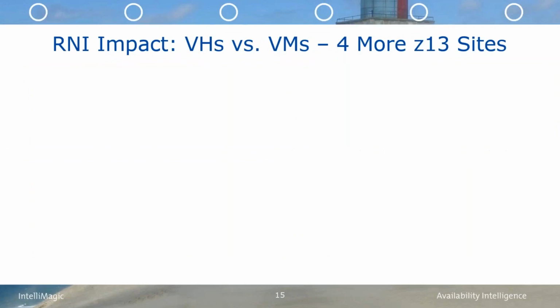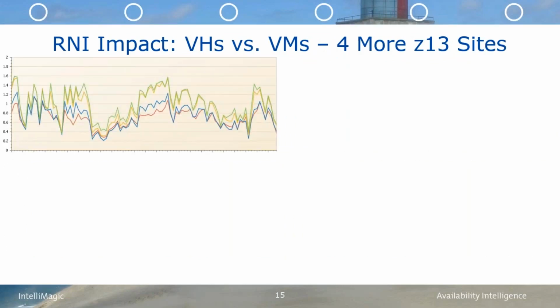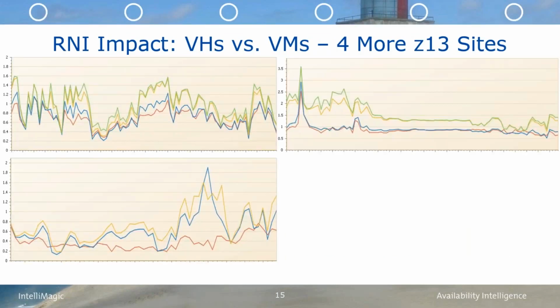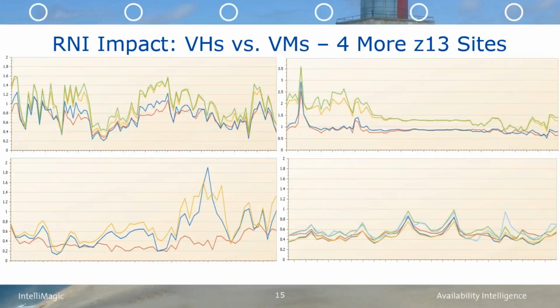And here are examples from 4 more z13 sites, 22%, 38%, 41%, and 22%. So just confirming this is a very widespread experience, work executing on vertical highs experiences significantly better RNI values since it's protected from cross-LPAR contention for processor cache.